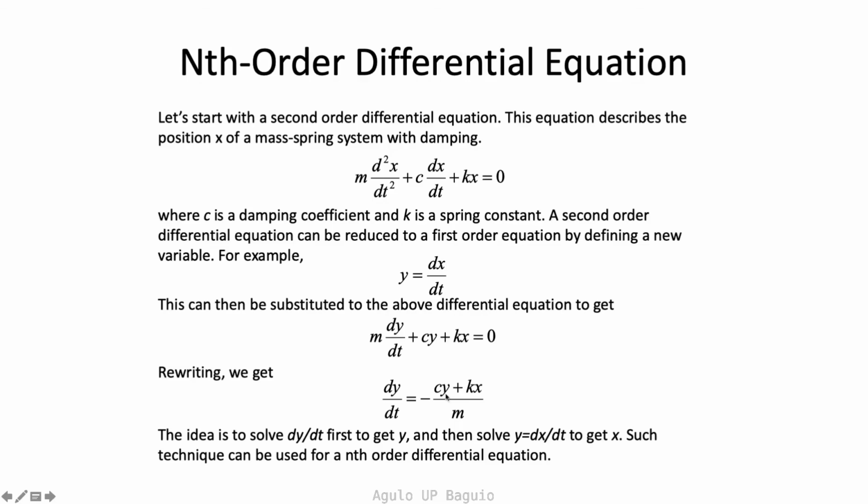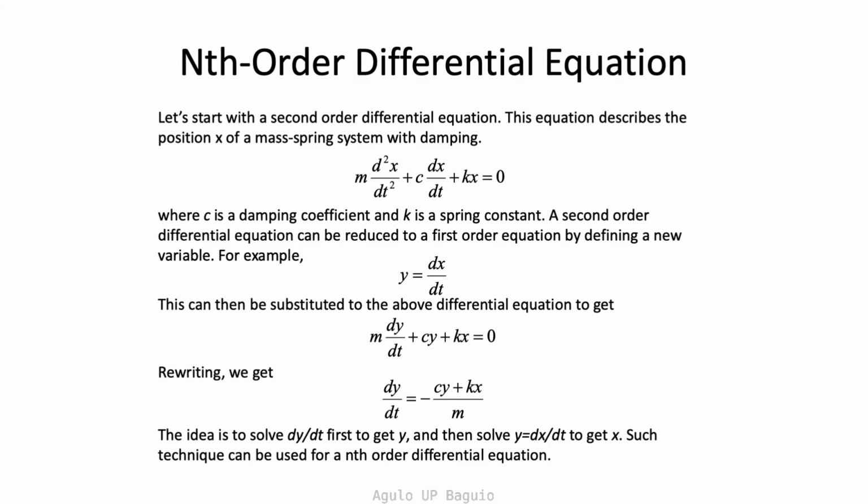Once we solve for y, we plug whatever we get here, and then we solve for x to get x2 at t2. That's what we mean when we say that we should solve this differential equation simultaneously.